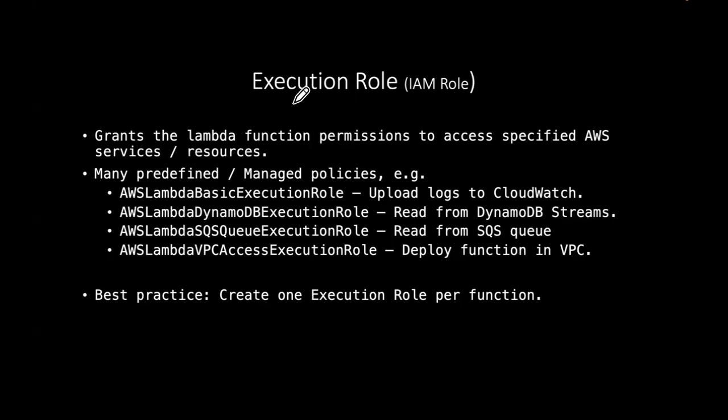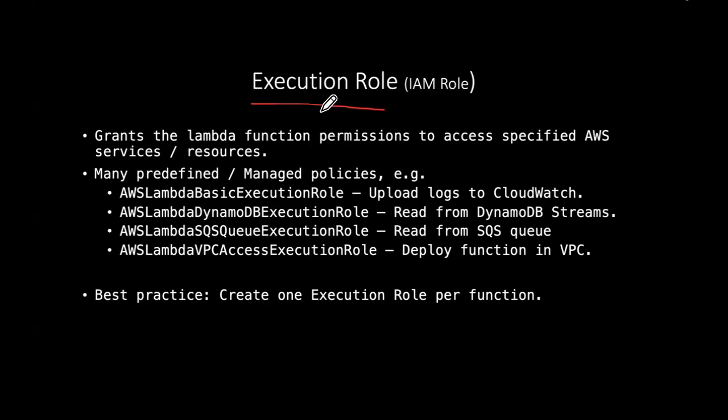And by default, your Lambda function cannot communicate with any other service. If you do want to allow it to communicate with other services, then you have to associate an execution role, which is an IAM role.